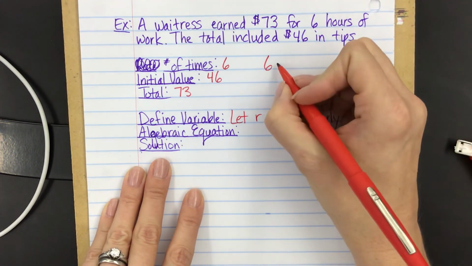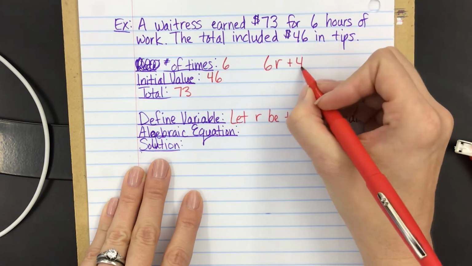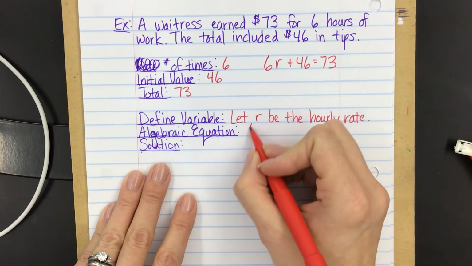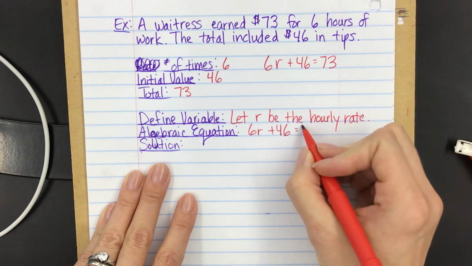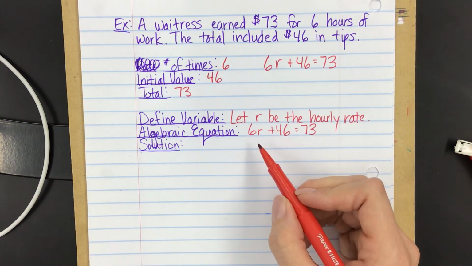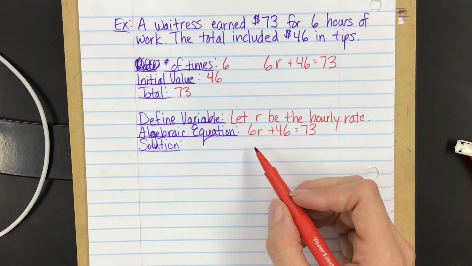So you have 6 times R plus the initial value, which is 46, is equal to 73. So this is your algebraic equation. When I ask for an algebraic equation, it has to have a variable in it. If it doesn't have a variable in it, it's a numerical equation, which is not what I was looking for.